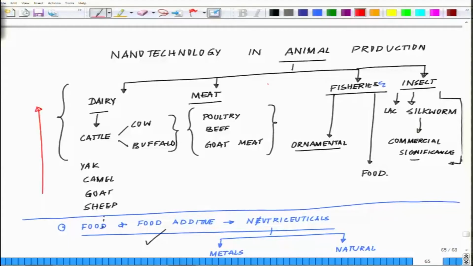If we talk about the other sector, which is meat, it includes your poultry, beef, goat and several other animals. Then we talk about fisheries, which has two sections: one is fish as a food, the other is ornamental. Then the insect sector, where we talk about lac, silkworm and their commercial significance.